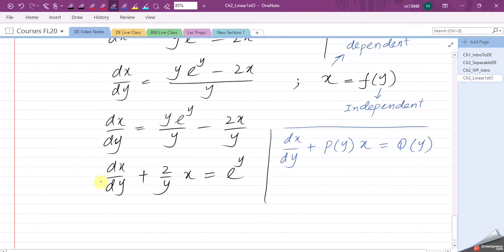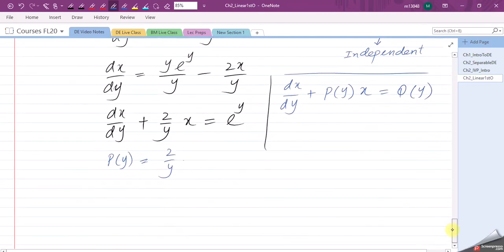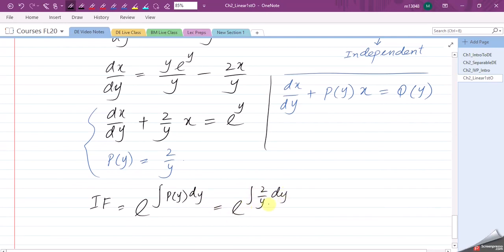So we have dx/dy here, x here, function of y, function of y. So our p(y) is 2 over y. Now we repeat the same procedure, but with all the variables swapped. So our IF will be, in this case, IF equals e^(integral of p(y) dy), which is the integral of 2/y dy.